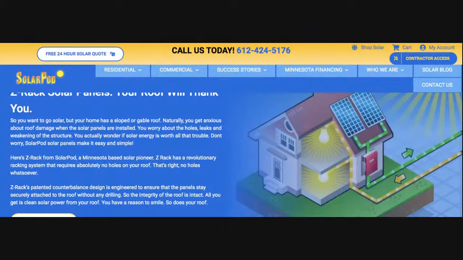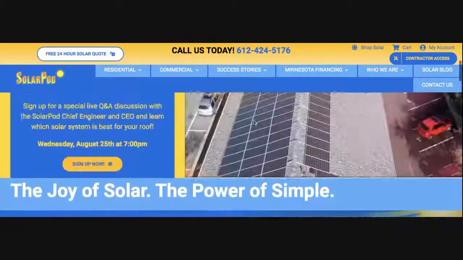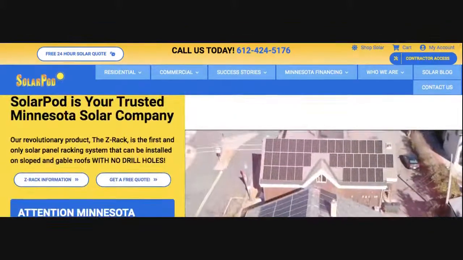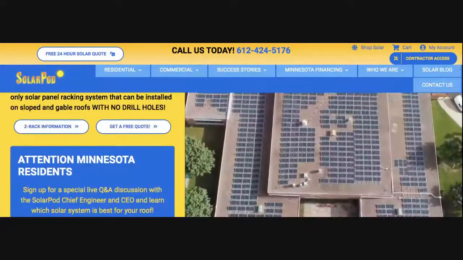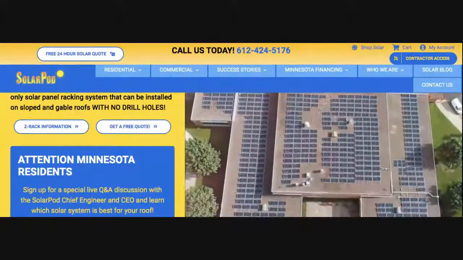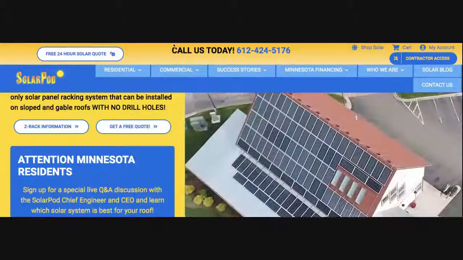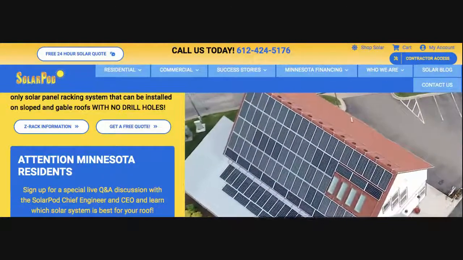What it does is prevent the roof from being destroyed. That helps the structure of the actual roofs, and there's less damage that can happen through rain damage and things like that.